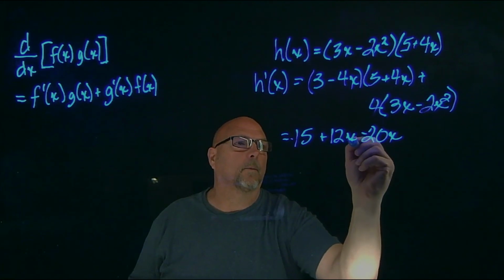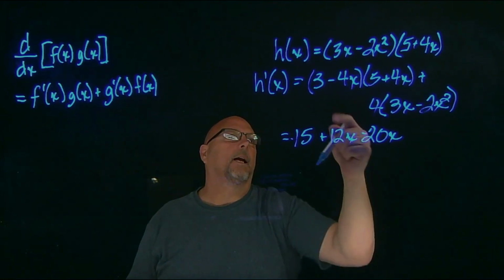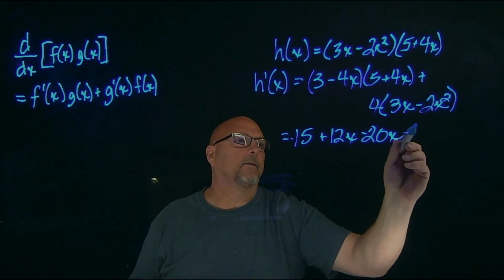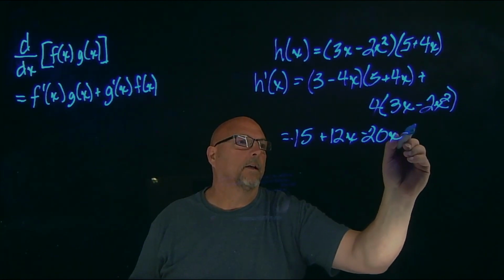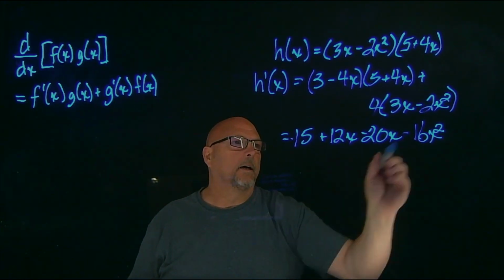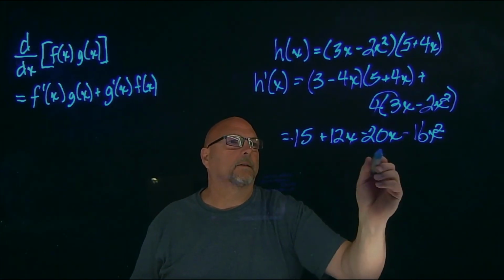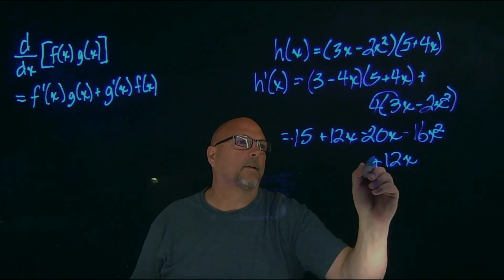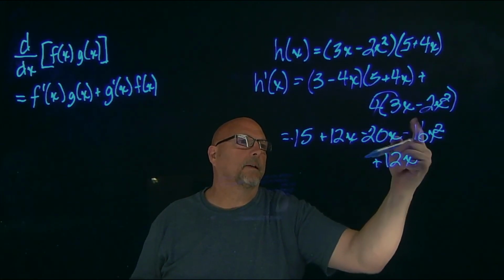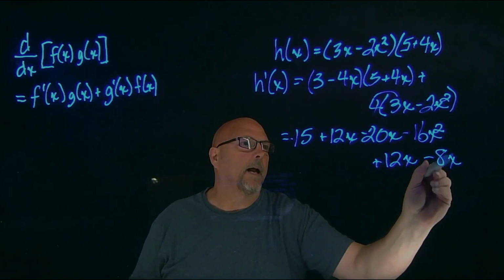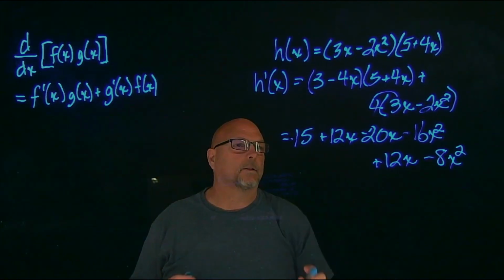And last times last, negative 4x times positive 4x would be negative 16x squared. Then I can distribute this. So I'd have 12x plus 12x. 4 times minus 2x squared would give us minus 8x squared.